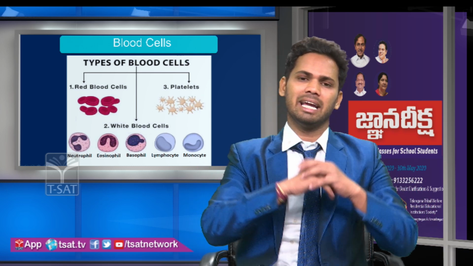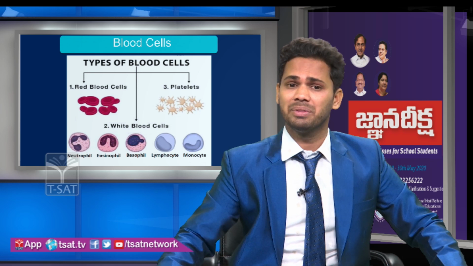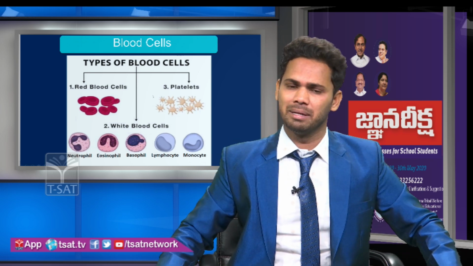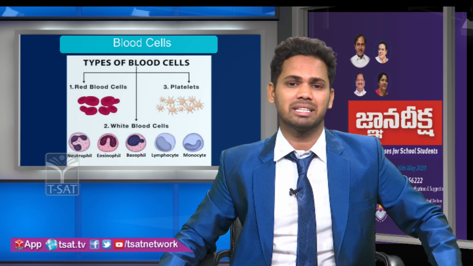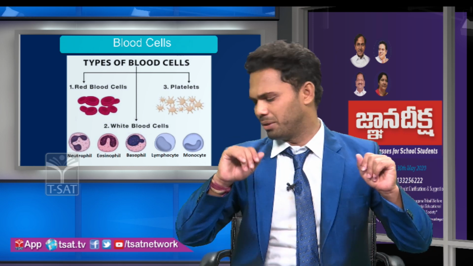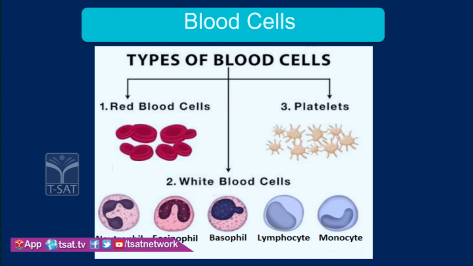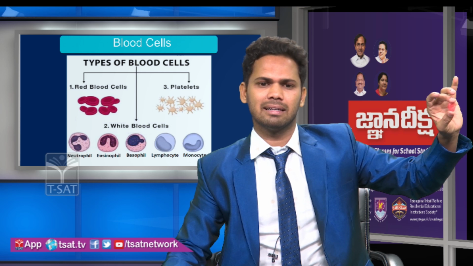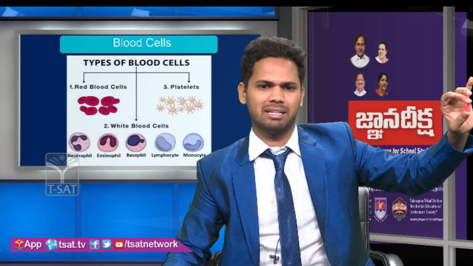To understand the structure of these blood cells, I want to show similar examples made with different types of fruits. You can observe, children, now you can see this is a similar image for a red blood cell.